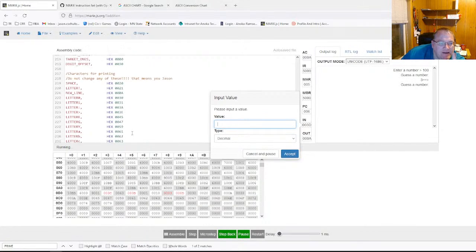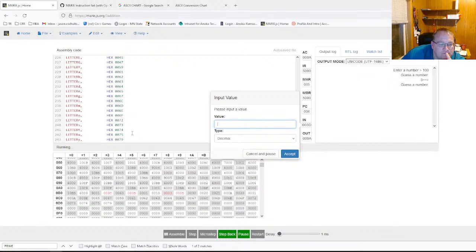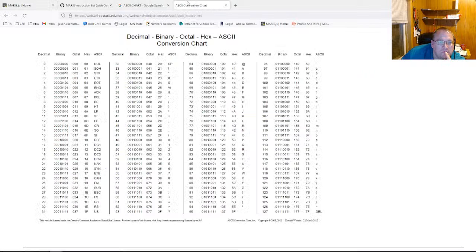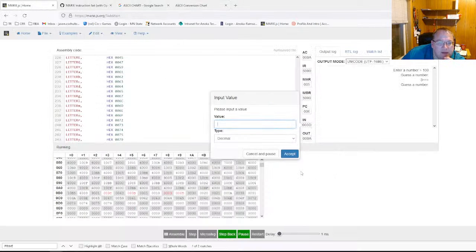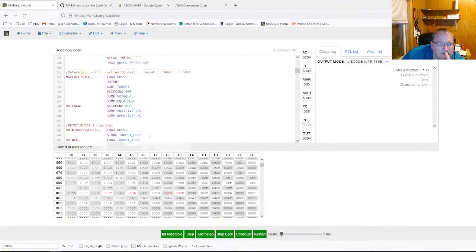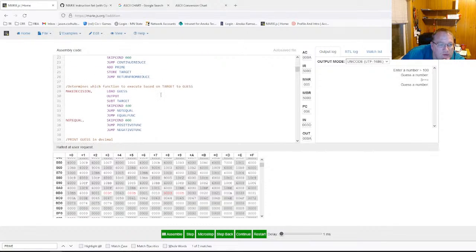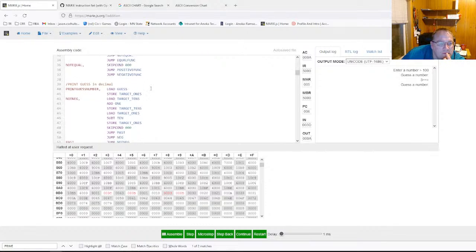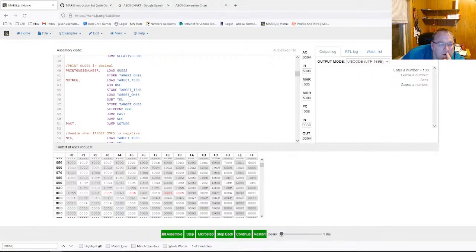We don't need to add 10 back to that. And the reason for that is here, when we're doing the subtractions, we're storing that right away.